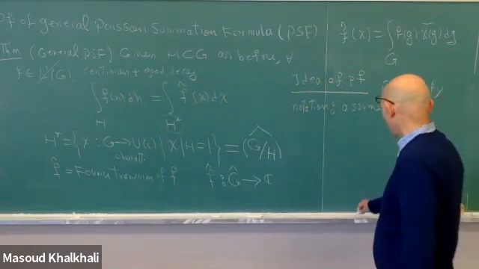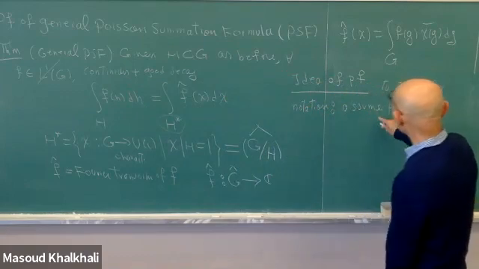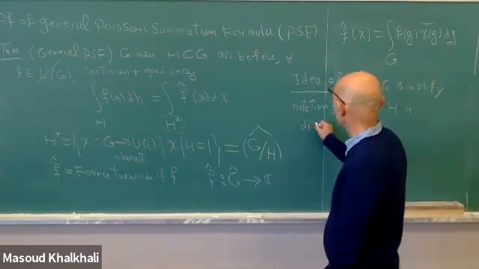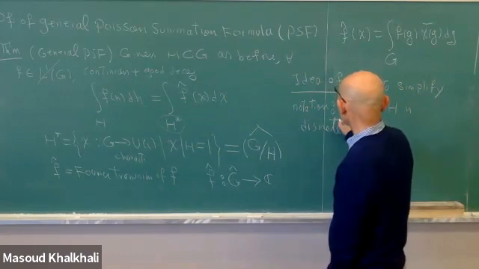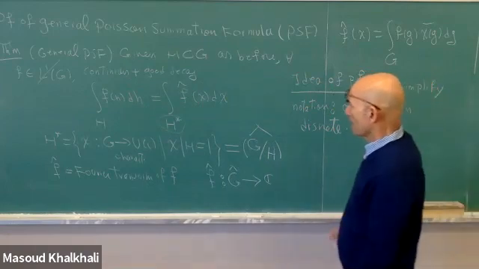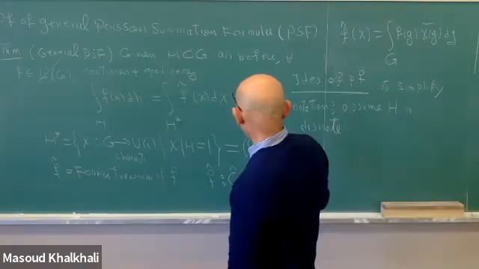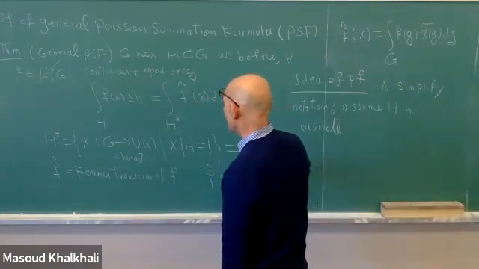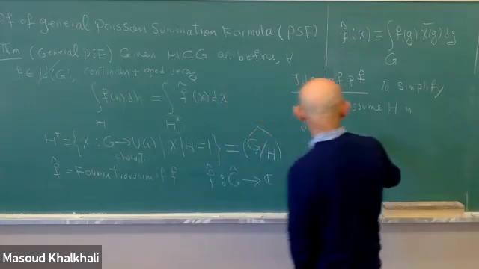Now my simplifying assumption is: assume H is discrete. By the way, I was going to assume that G mod H is actually compact.